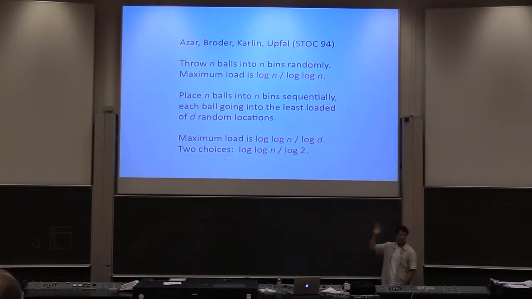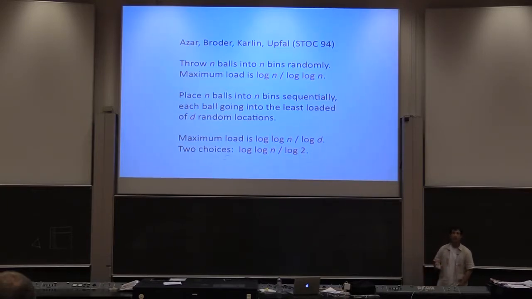That's not actually due to them, that was known well beforehand. But now if you place n balls into n bins and each gets d choices, the maximum load is going to go like log log n over log d.